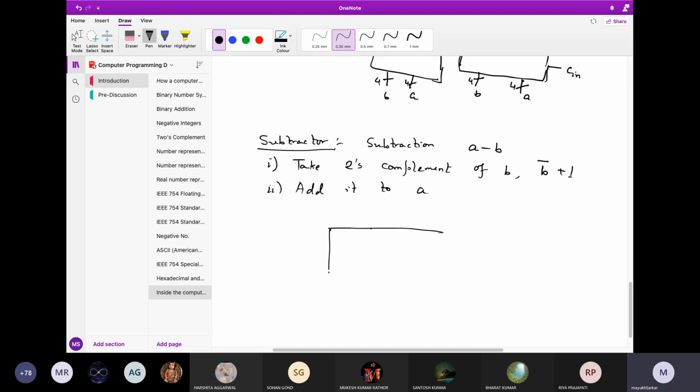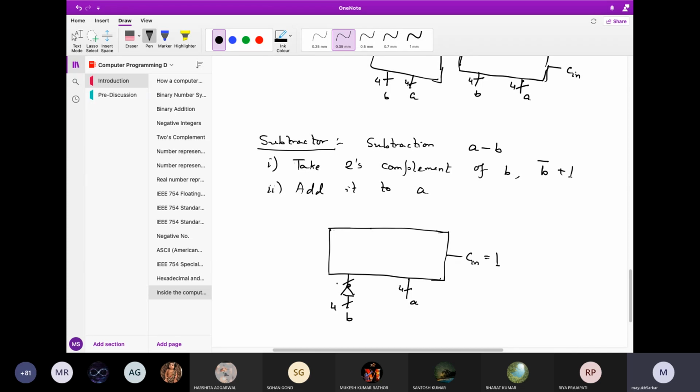Let me take this 4-bit adder. The design of this 4-bit adder is as it is, what you have seen in the internal design. The only thing is that Cin is now sent as 1. A goes as it is, whereas the NOT of B is passed.